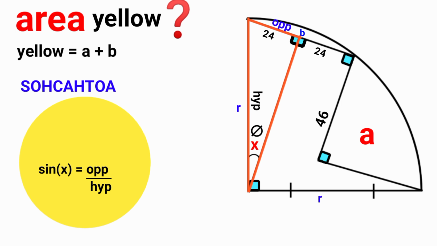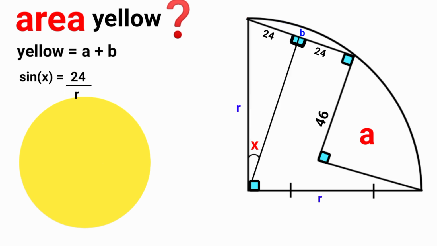Theta is x, opposite is 24, and hypotenuse is r. So sin x equals 24 over r. Now recall, this whole angle is a right angle. So since this is x, this must be 90 degrees minus x.